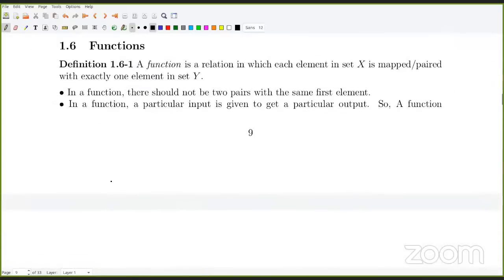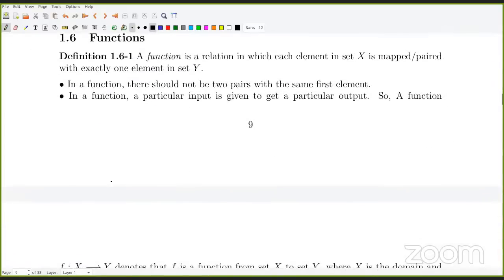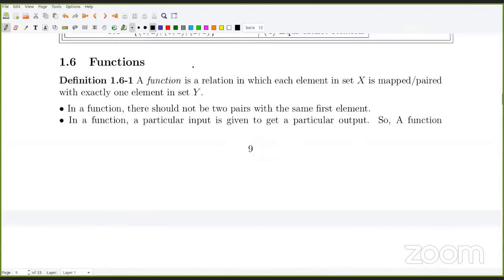Okay, let's come to functions. A function is actually a subset of relation. A function is a relation in which each element in set X is mapped with exactly one element in set Y. We defined relations between two sets A, B. Now it is X, Y. We defined a relation between these two sets as a subset of the Cartesian product.